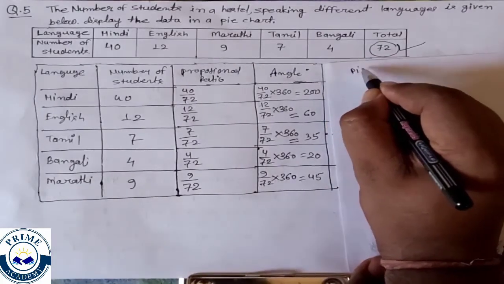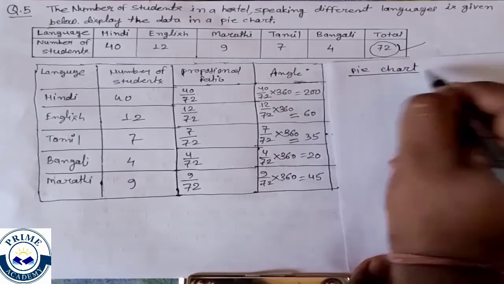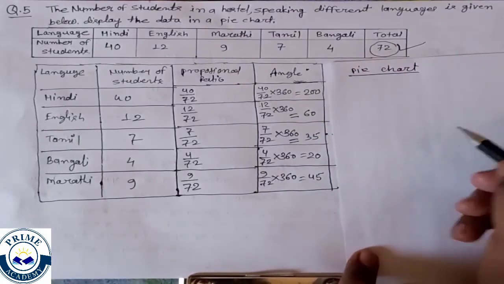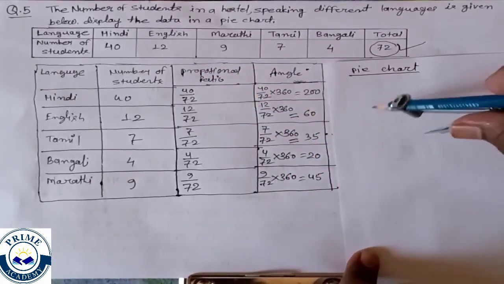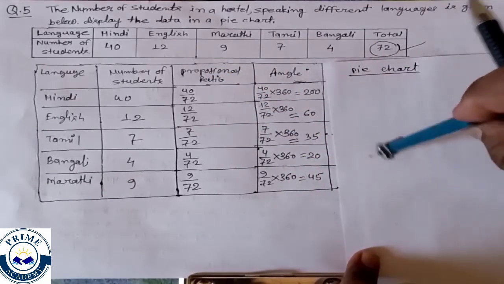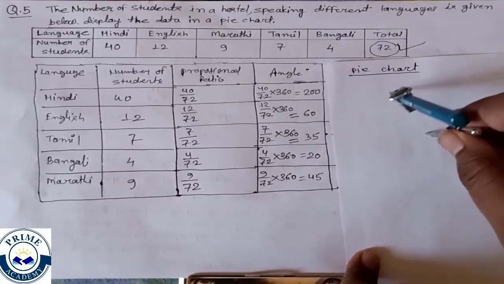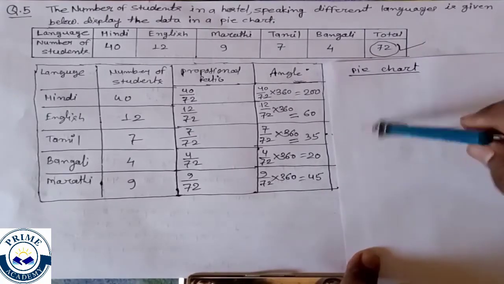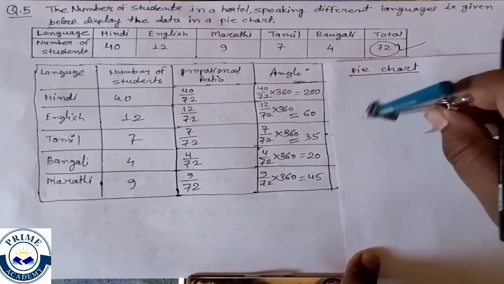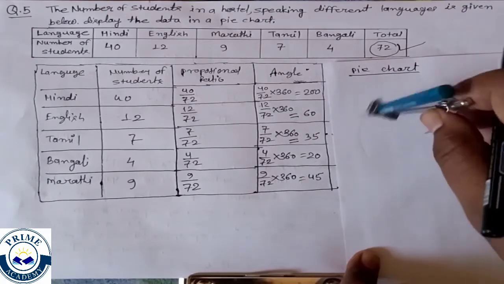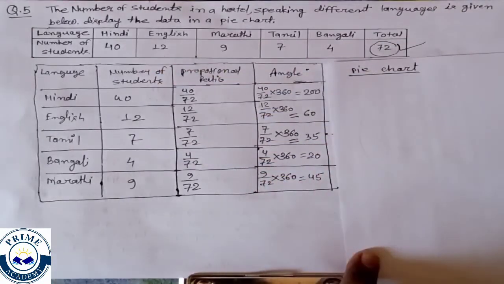How will we do a pie chart? With the help of this protractor or rounder, you can make a circle of any size, but it should be a size that you can observe. I'm drawing freehand, but you have to draw with the help of this only.